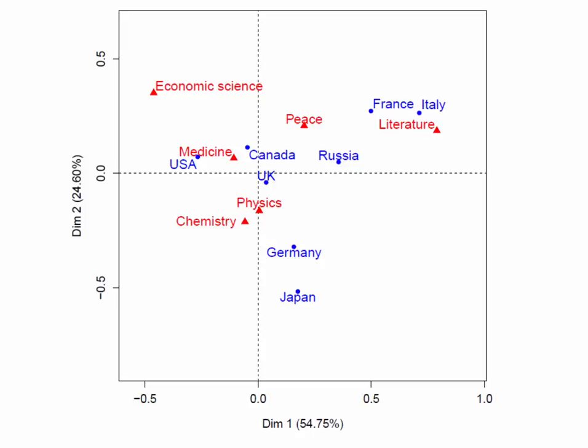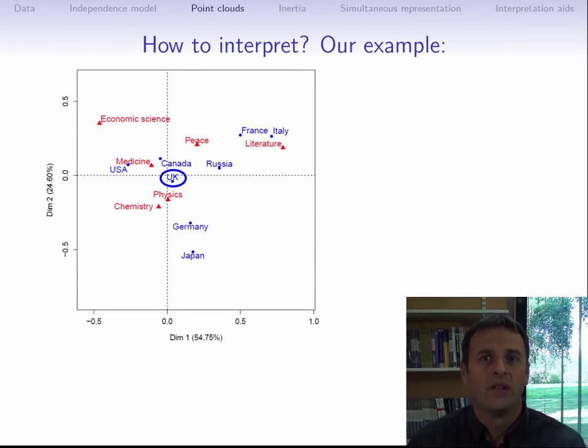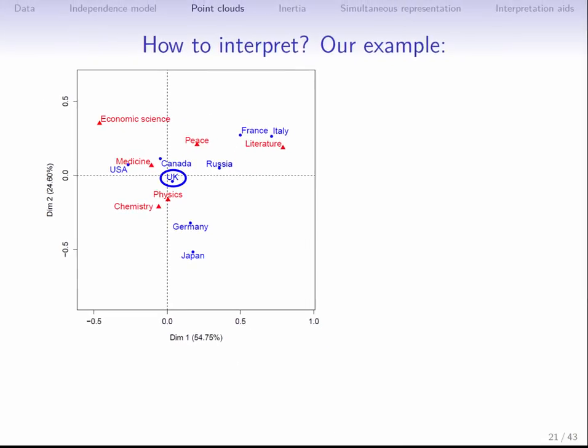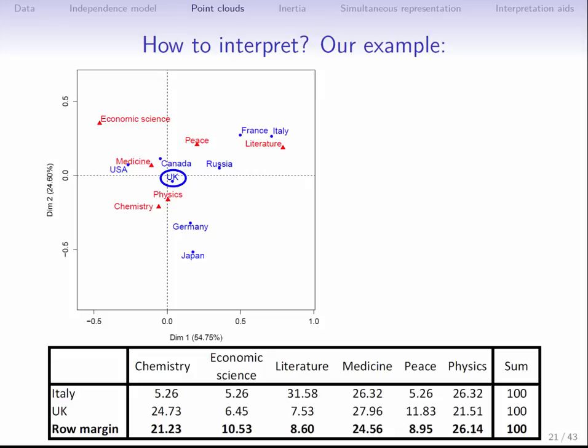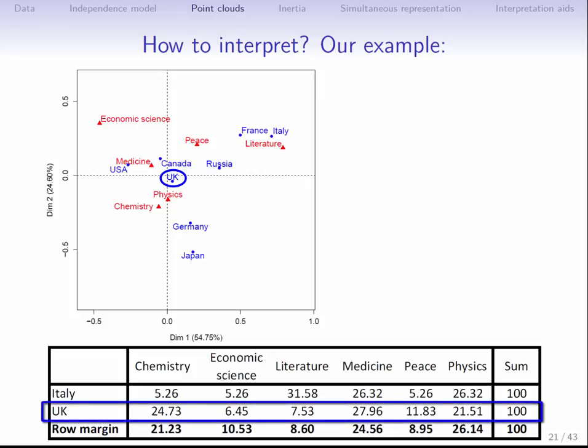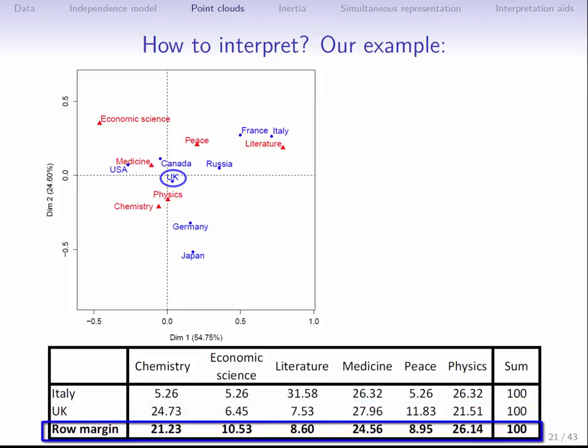Something we've gone on and on about is the distance to the center of gravity. So let's look at this for the UK. It's very close to the center of gravity. Look back at the row profile for the UK, which is approximately 25%, 6%, 8%, 28%, 12%, and 22%, and compare this with the mean profile.